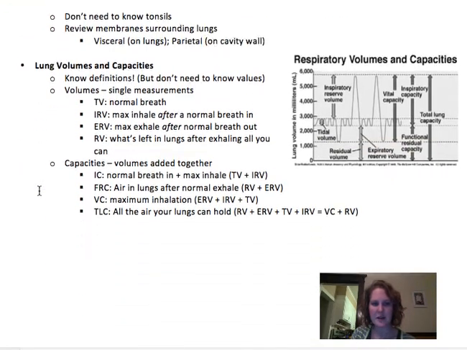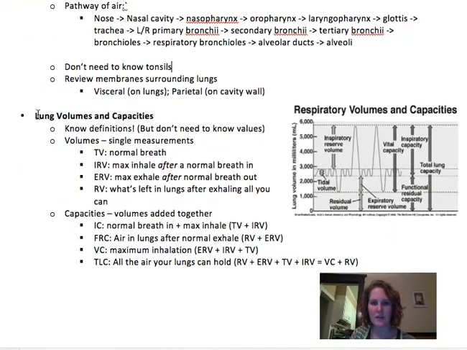Now, down here, we have lung volumes and capacities. And this chart is very handy because I do want you to know the lung volumes and capacities. And the difference between the two is that a volume is a single measurement of air, whereas a capacity is a combination of different volumes.